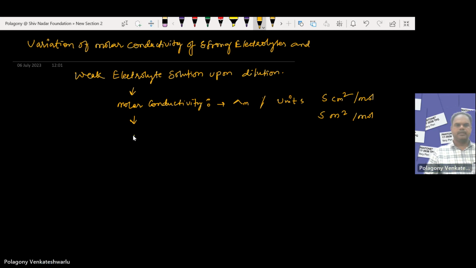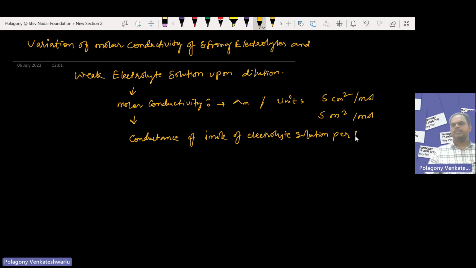Conductivity is nothing but the conductance of 1 mole of electrolyte solution per 1 liter volume of solution, separated by the distance of electrodes.